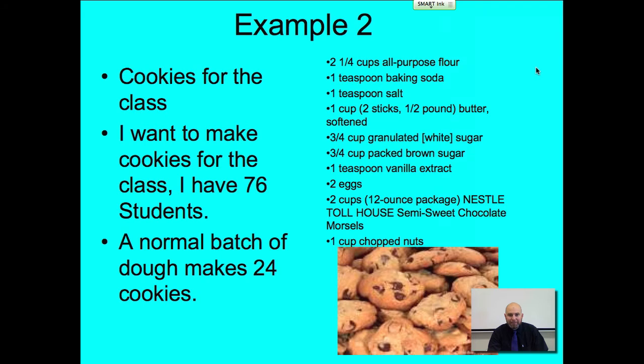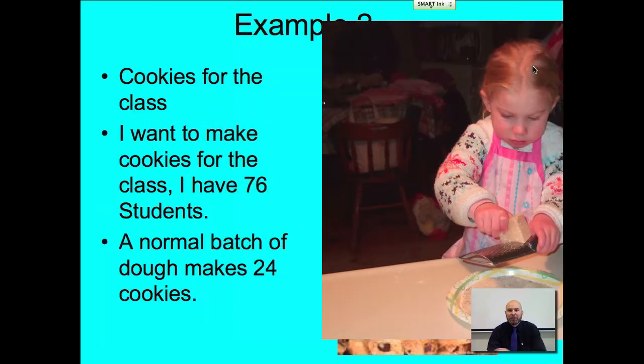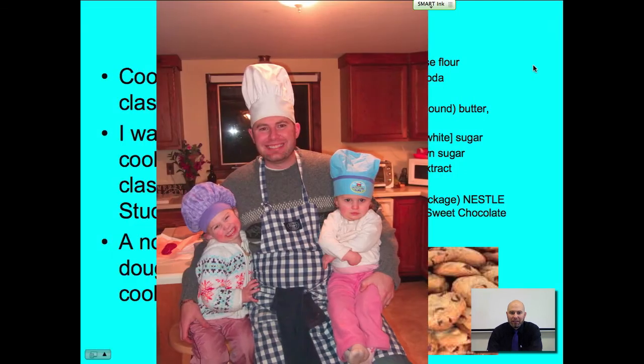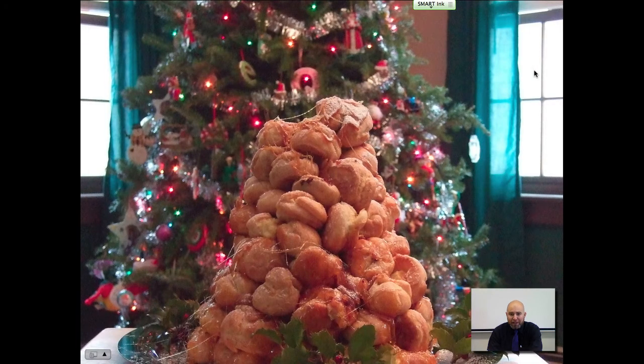Oh, Aaron, again, real young, grating some Parmesan for some crust. Cuties cooking with their dad. Oh, that's a croquembouche I made one Christmas. I love to cook croquembouche. Just basically cream puffs, homemade.